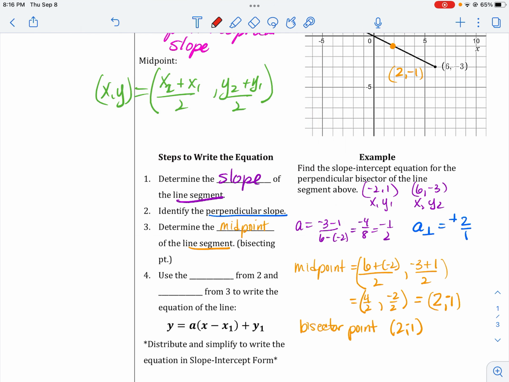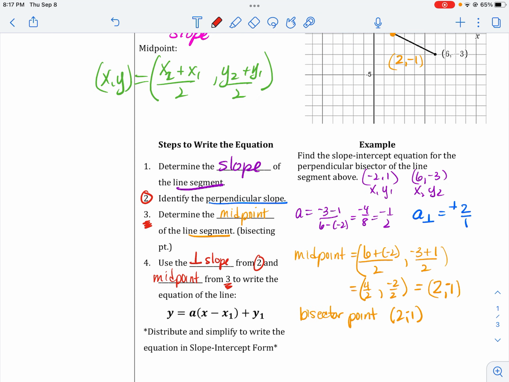Now, using the perpendicular slope from number 2 and the midpoint from number 3, write the equation of the line in that form. So here's my point that I'm going to use for x1, y1.